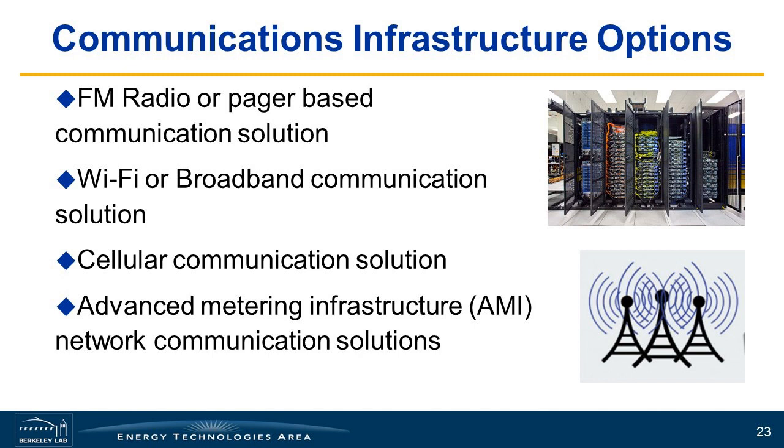The components that receive the dispatch signals can be like the one-way communication with the FM radio or a pager-based solution. More advanced systems receive the signals and submit information back to a head-end system, which is a two-way communication system solution. And that can be through Wi-Fi, cellular, and even the advanced metering infrastructure, the AMI solution.